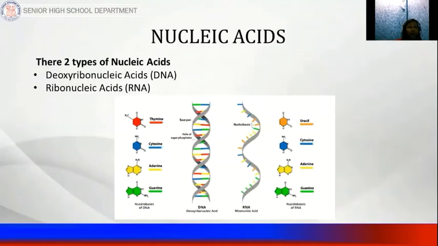So nucleic acids, there are two types of nucleic acids. We have deoxyribonucleic acids and ribonucleic acids. So DNA is our genetic material, and RNA can also be. Okay, but RNA is found moreover in single-celled or smaller organisms, as their genetic material.